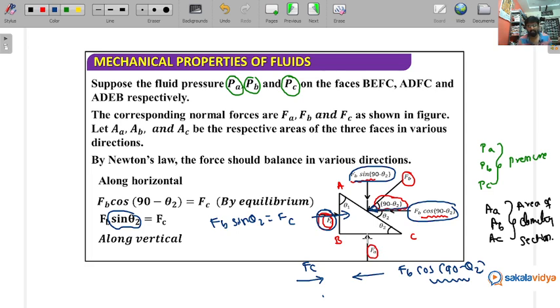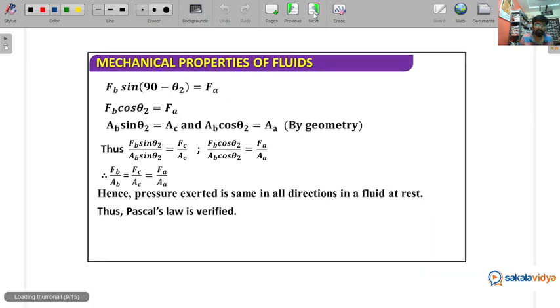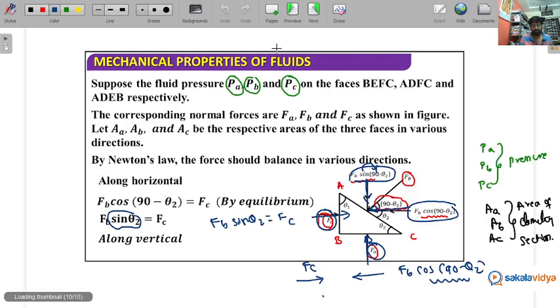In similar fashion, the vertical force which is acting, that is FA, is balanced by the component FB sin 90 minus theta. What is sin 90 minus theta? As everyone knows, that is FB cos theta. So this vertical force is balanced by this component, and this horizontal force is balanced by this FB cos theta, right?